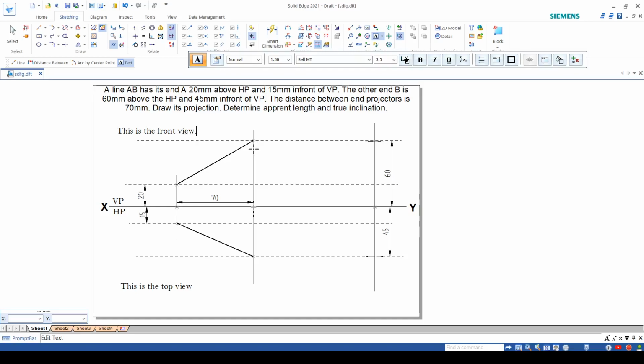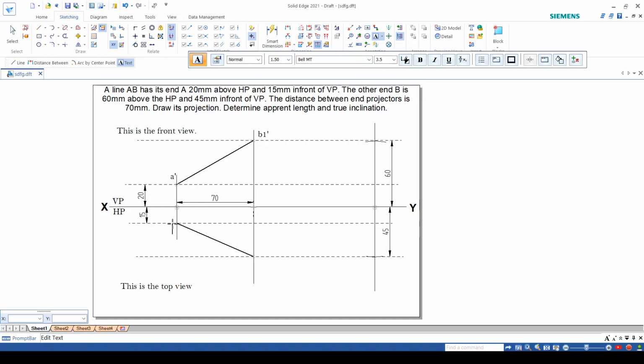This is the view from the front side and this is the top side. The front side points are marked as A dash, and this should be marked as B1 dash, because it's not the actual length.